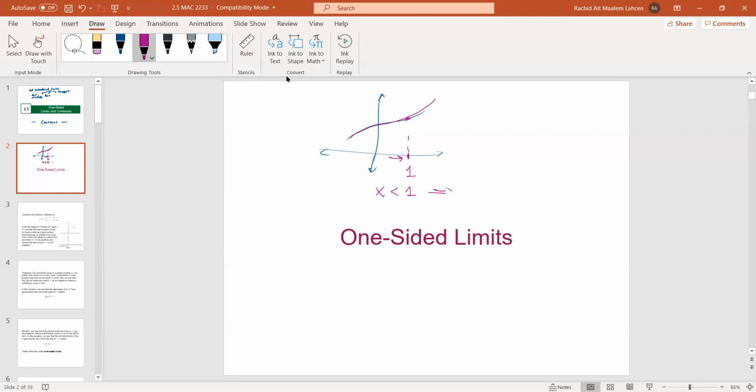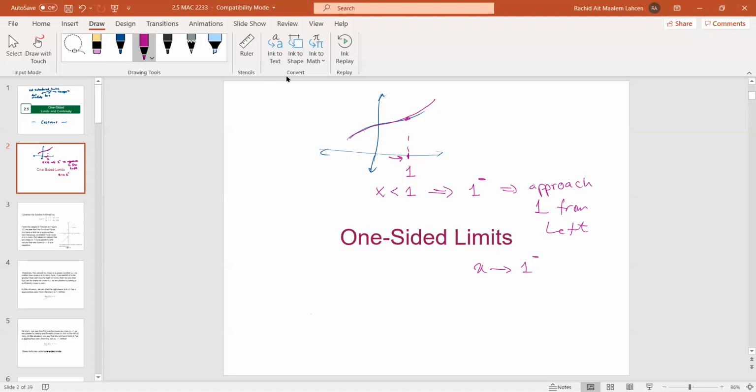We write 1 with a negative sign this way, but not meaning negative 1 or something. We just mean approach 1 from the left, so it's going to be this way.